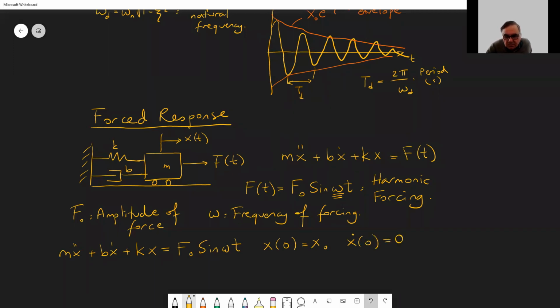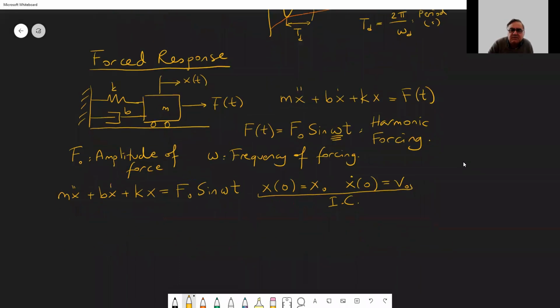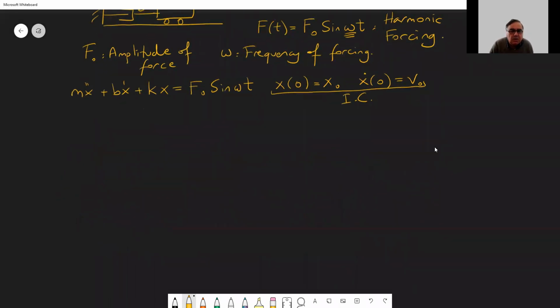Sorry, not zero, but V0. These are the initial conditions. But the response to initial conditions is not too important. Why? Because we have a damped system.